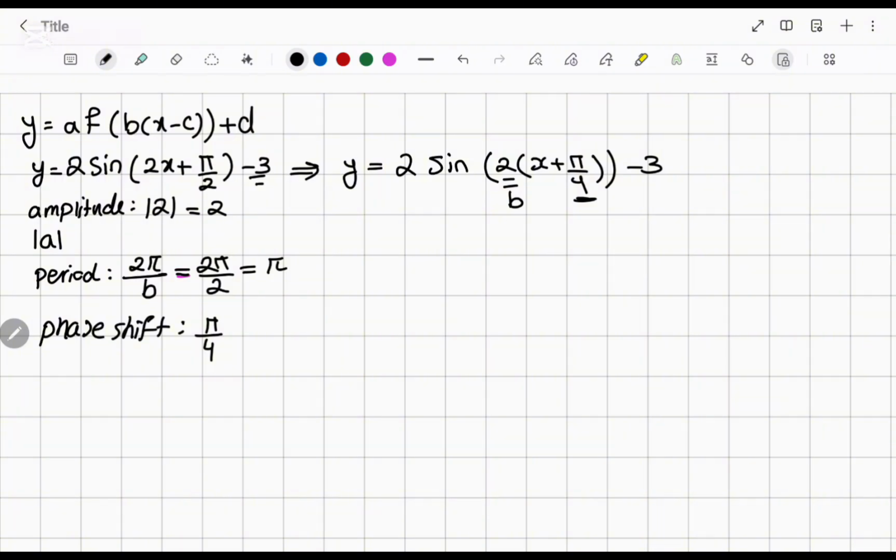But if the question just wants you to tell what the phase shift is, it's just pi over 4. Then we have the midline, which I'm going to tell you what exactly is. The midline is always going to be y equals d. And d here in this example is -3, so the midline is y equals -3.